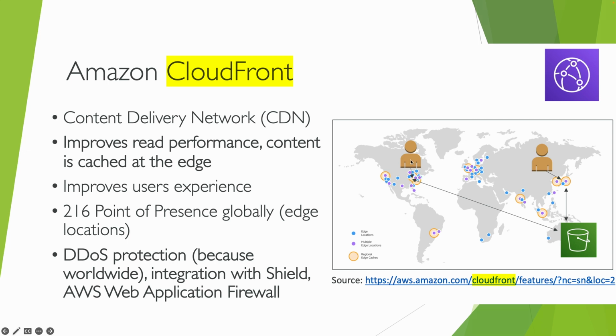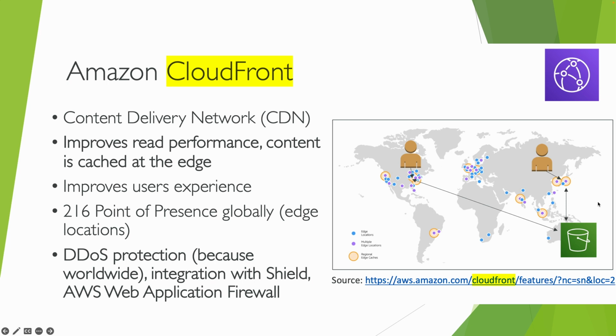Whenever the same user or any other person in this US East region requests the same object, instead of going to the bucket directly, it fetches the data from the cache and gives the response. These two users may not be the same person, but they may be in the same region.